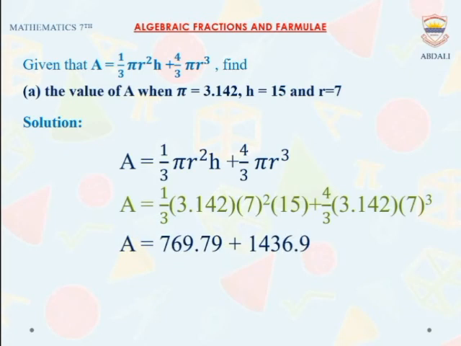We have just done this simplification, and similarly on the other side, plus 4 by 3, 3.142 and 7 cube are being multiplied, and the answer will come as 1436.9. So now we have to add these values to find our answer, and the answer becomes 2206.7. Okay.